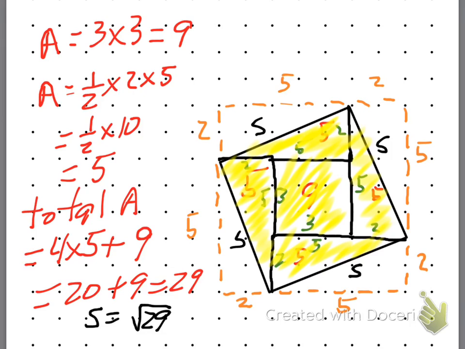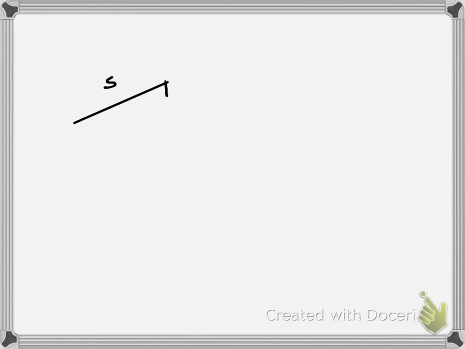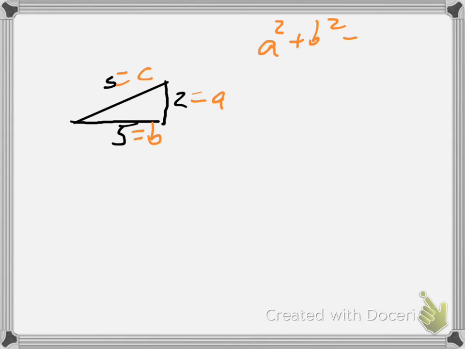So now I keep going. And what I'm going to do this time is recalculate. But instead of doing all that mess, I'm just going to use Pythagorean theorem, where the legs of my right triangle are 2 and 5, and the hypotenuse is the length I'm looking for. So Pythagoras says that a squared plus b squared is c squared. The sum of the squares of the legs of a right triangle is equal to the square of the hypotenuse.